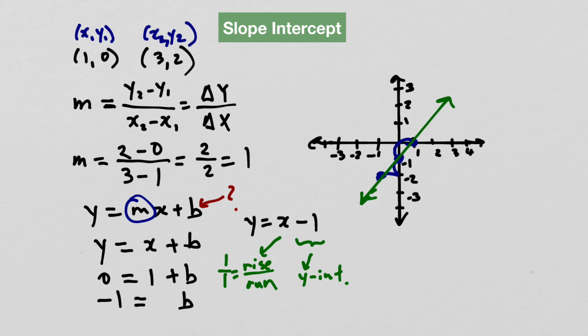So now to summarize this lesson, you've learned the equation of a line in slope-intercept form. You know how to graph the line with a positive slope and a negative slope. You also learned the equation of a line in standard form.